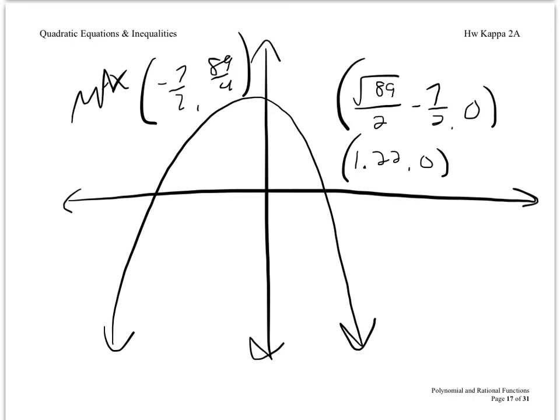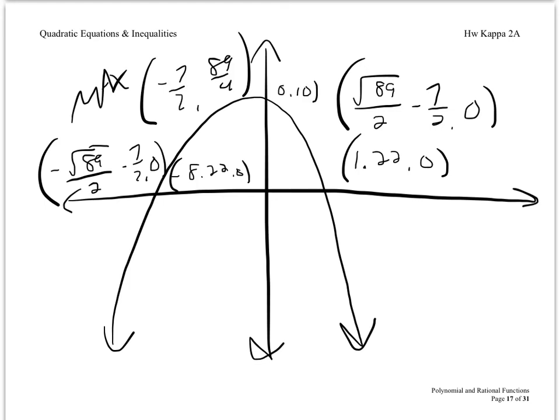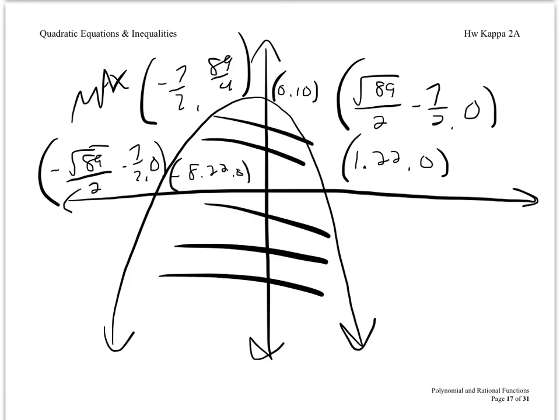And our other x-intercept was negative 8.22, 0. It was exactly negative square root of 89 over 2 minus 7 halves. I like exact better, but most people don't, so I'm just going to put both. The y-intercept we found to be 10, and this graph says less than, so we shade below.